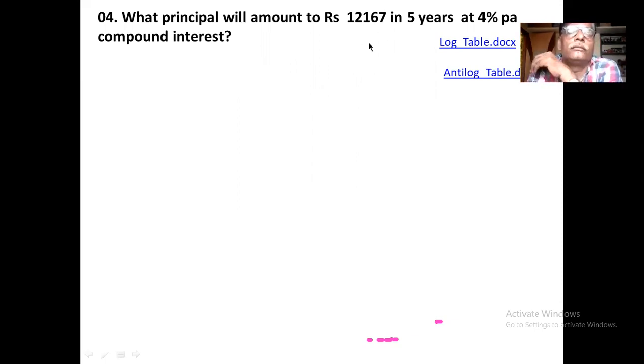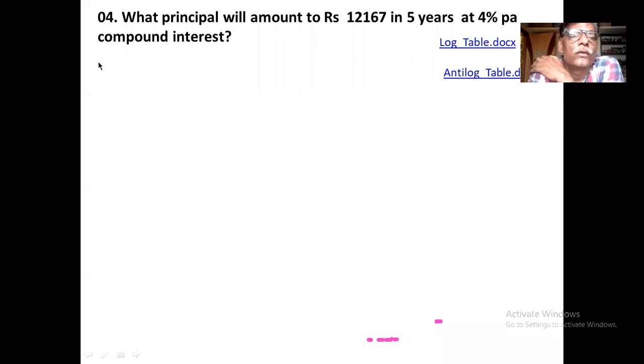P. They have to calculate P. Then amount will be 12,167. How many years? What is the period? 5. What is the rate of interest? 4%. 4% is the rate of interest.